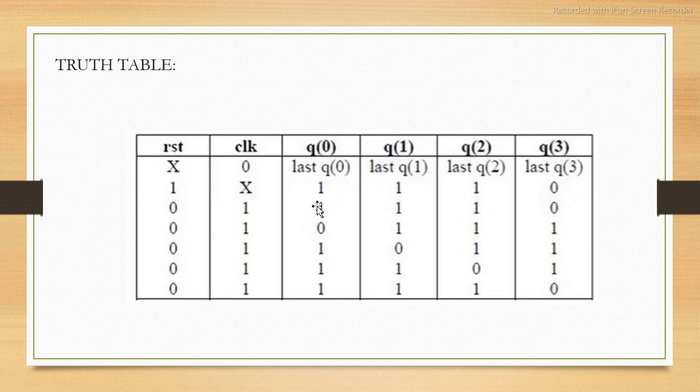The first flip-flop is shifted to the second flip-flop, the second is shifted to the third flip-flop, and the third flip-flop is shifted to the fourth flip-flop, and the last output is connected to the first input. 1 0 1, 1 is shifted to the first flip-flop, 1 1 0 1. It can continuously happen.